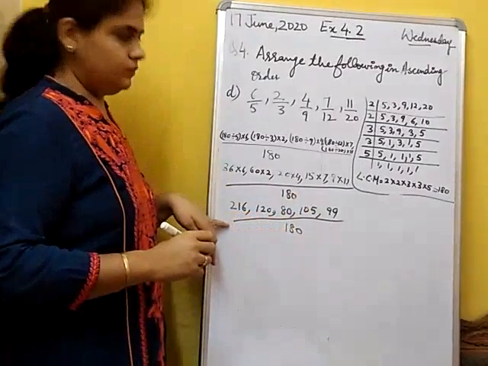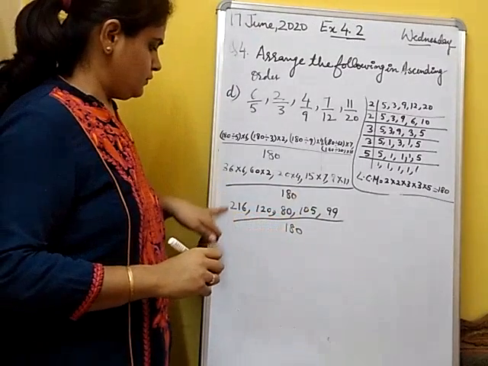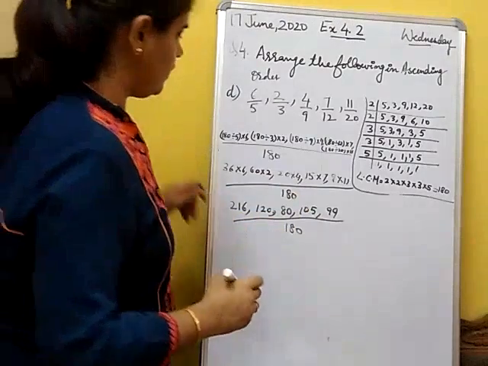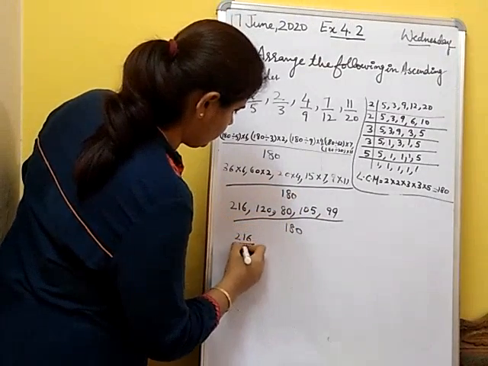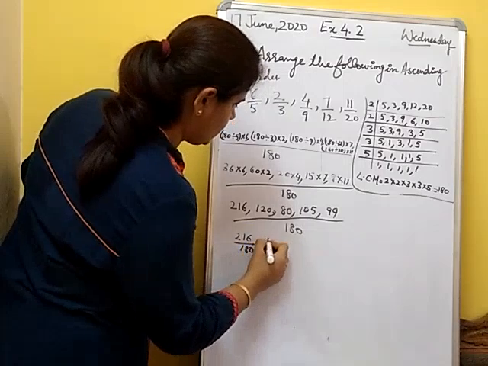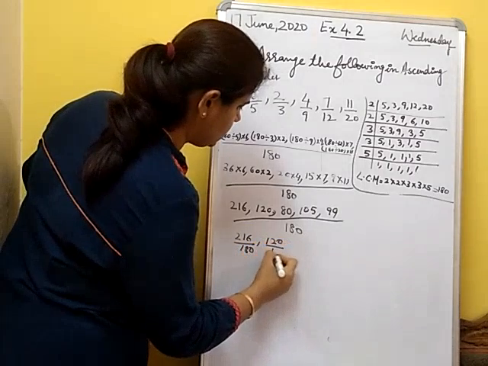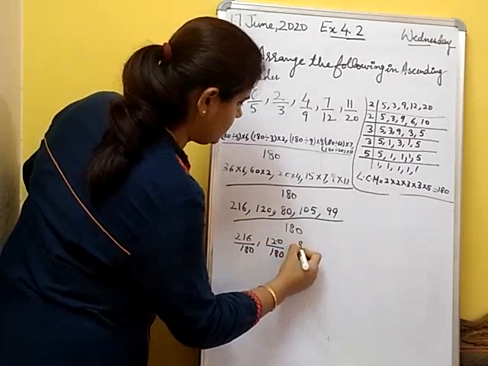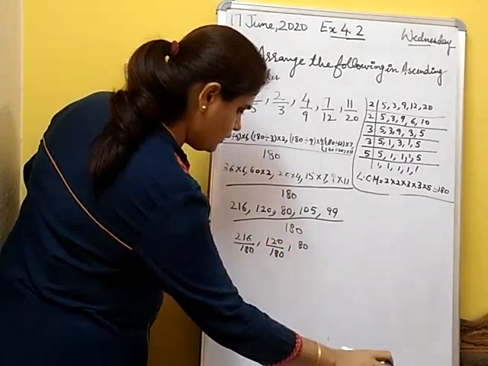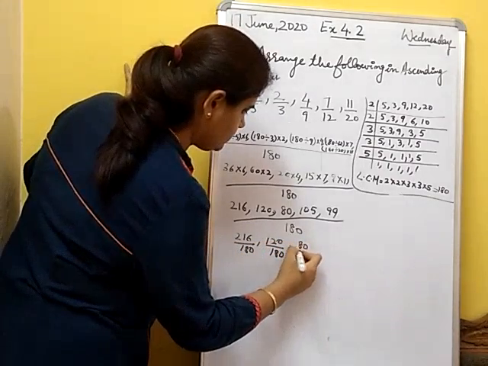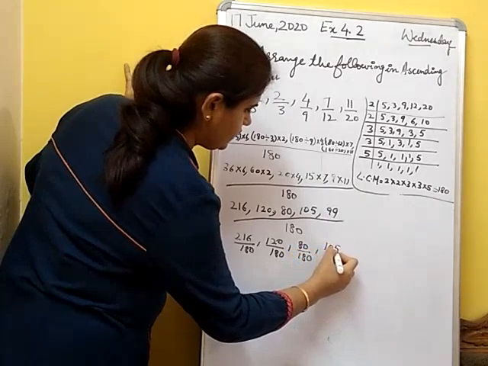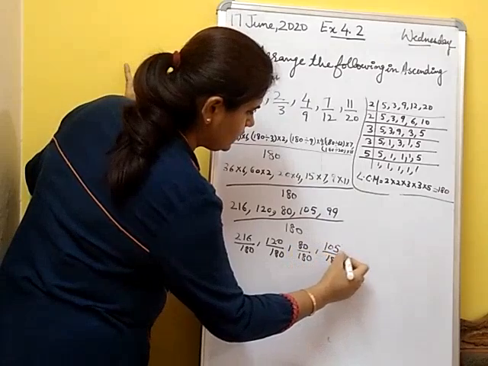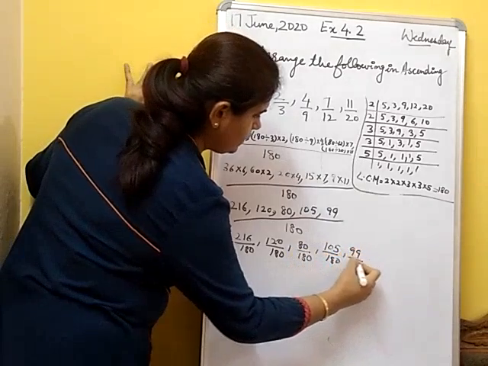Now we will separate the denominator. 216 upon 180, then 120 upon 180, then 80 upon 180, then 105 upon 180, then 99 upon 180.